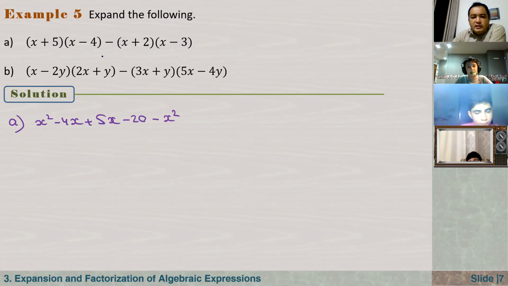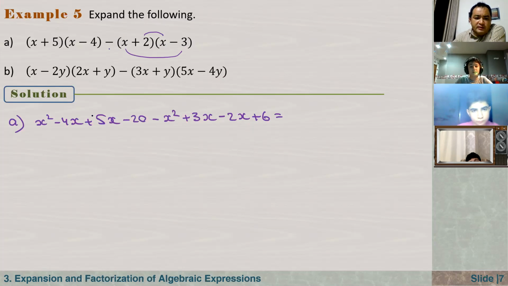Also here, 3x. Imran, here we have minus, right? We have to consider this minus. So x times negative 3x, and with this minus, it is plus 3x, right? And after that, 2 times x is positive 2x. Because of this minus, it is negative 2x. And 2 times negative 3 is negative 6. With this minus, it is positive 6.